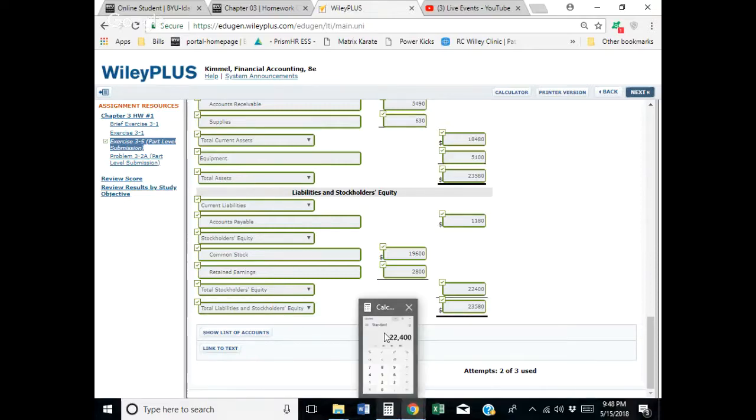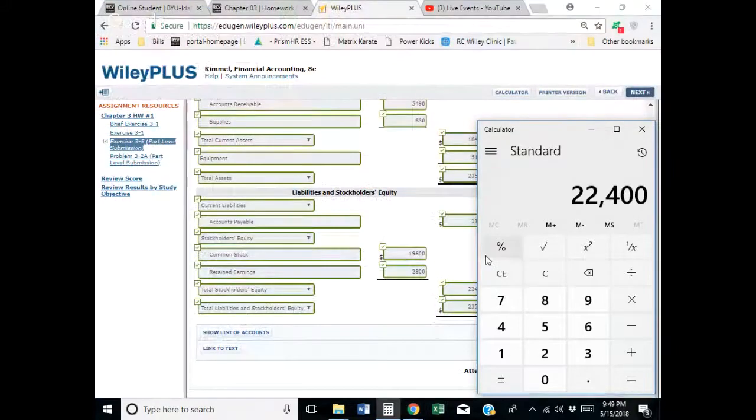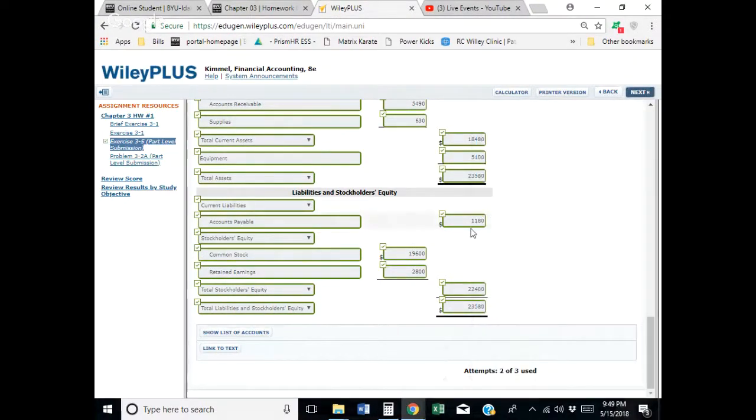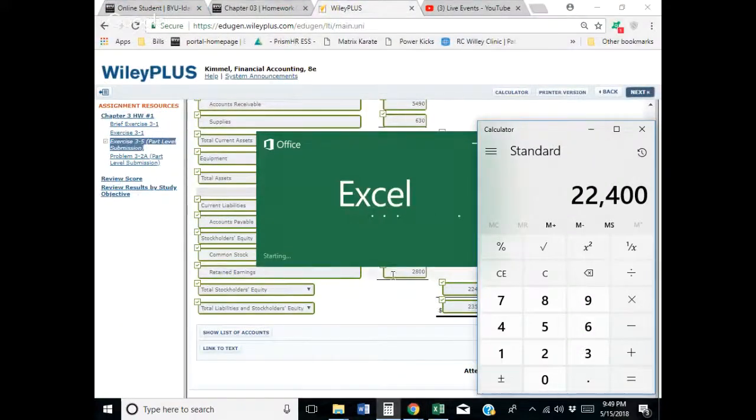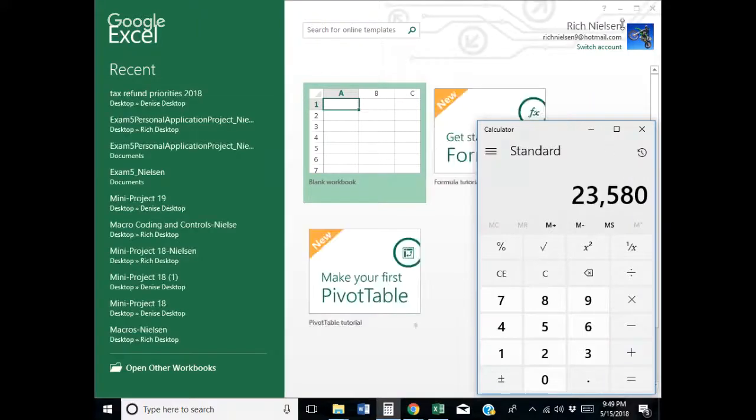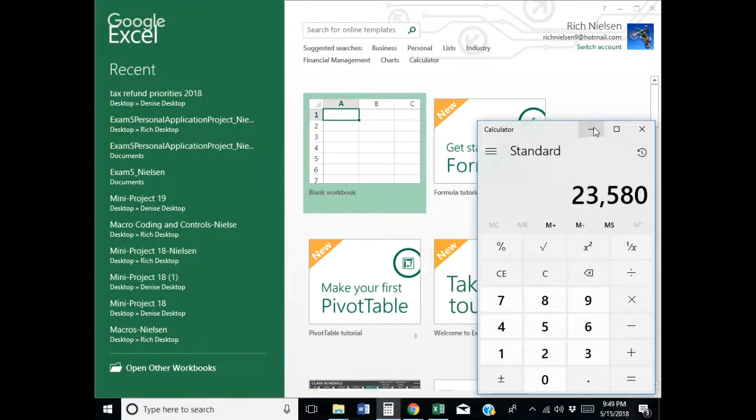And here you have the total liabilities and stockholders' equity. The total stockholders' equity of $22,400, you add the current liabilities, which are $1,180. So we have total liabilities and stockholders' equity of 23,580.